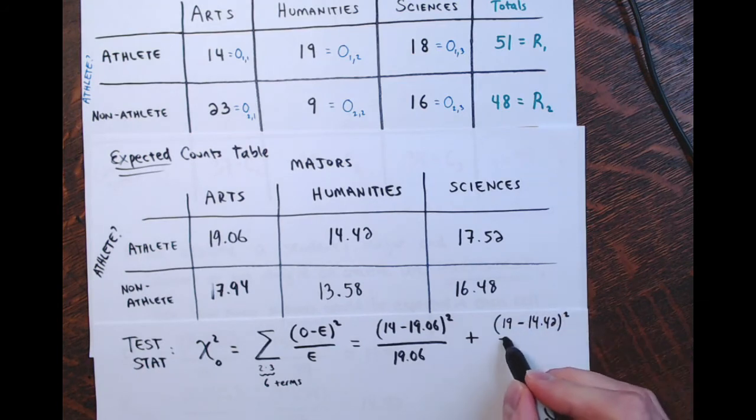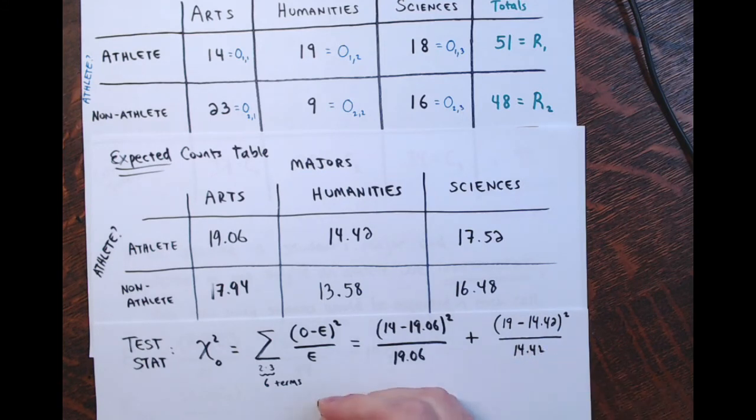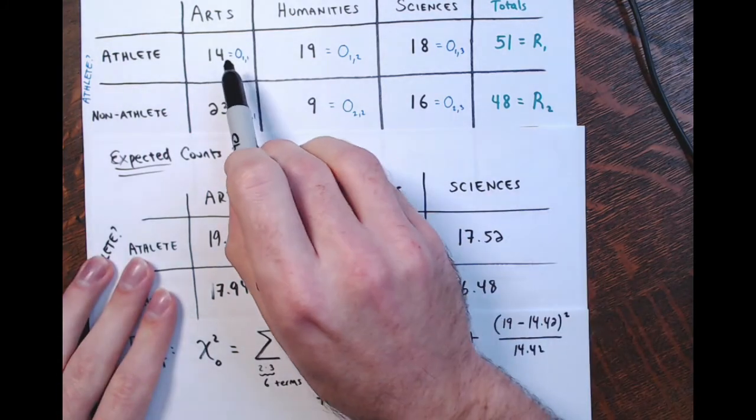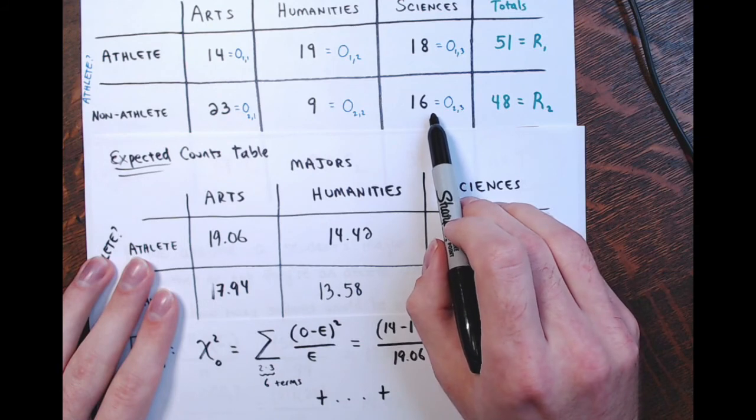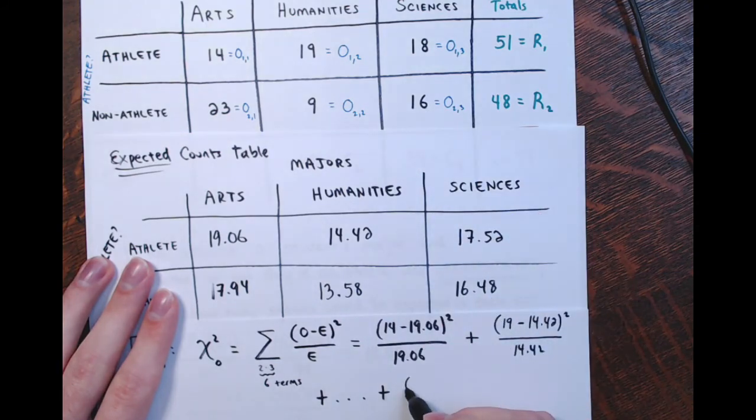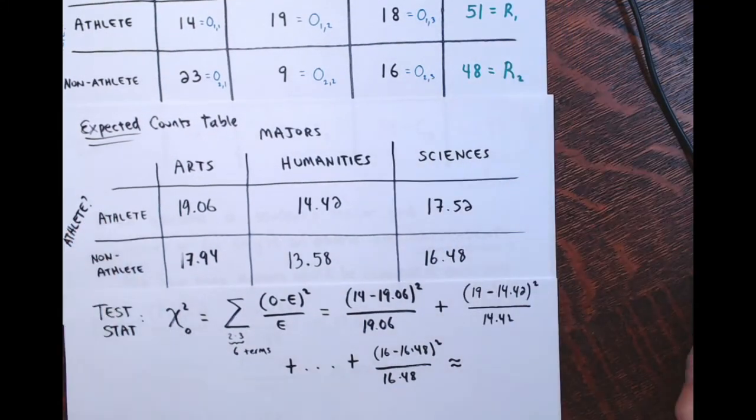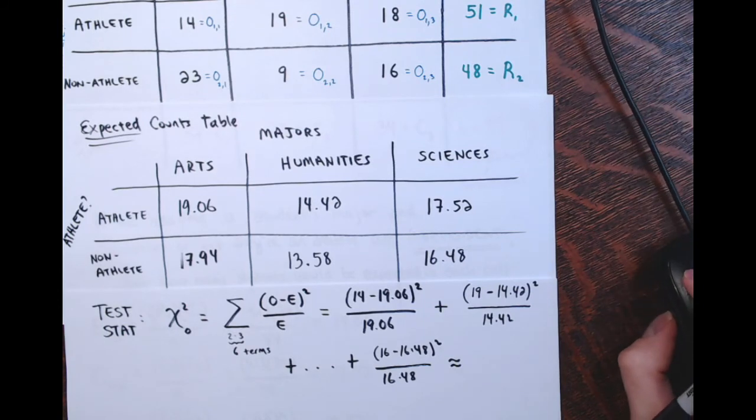This gets squared and divided by the expected count, 14.42. Plus, and you would just keep doing this for all 6 cells. And the last one I would do would be the second row, third column, 16 minus 16.48 squared, divided by 16.48. And this should give me my test statistic.